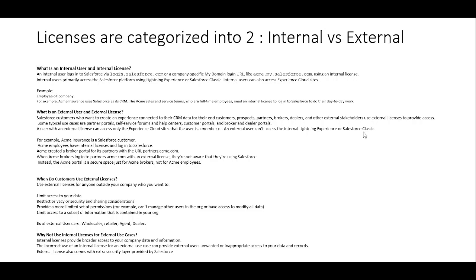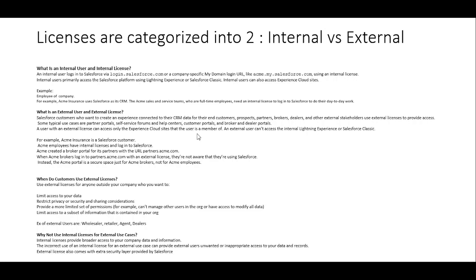So what this means is that for any partner user or any external user, we have to assign a separate external license. Once we assign them that license, they can only experience Community Cloud or digital experience. They cannot log into our Salesforce and see the leads and accounts the way we see them inside. They will be given access to certain records and objects, and they can only see those.